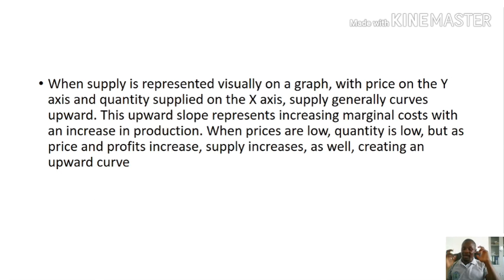Remember, I said that at all points in time, when we want to allocate on our graph, make sure that price is always allocated on your y-axis, while quantity supplied or quantity demanded is allocated on your x-axis. Are we there?